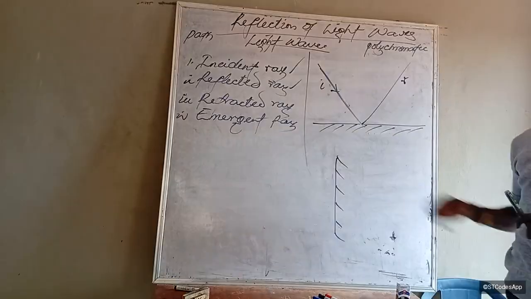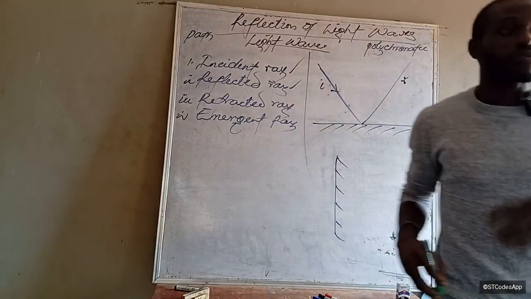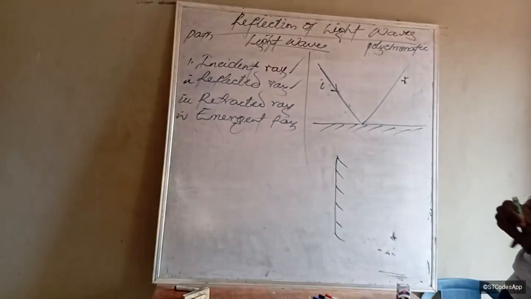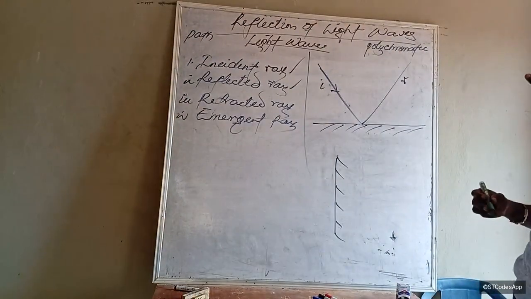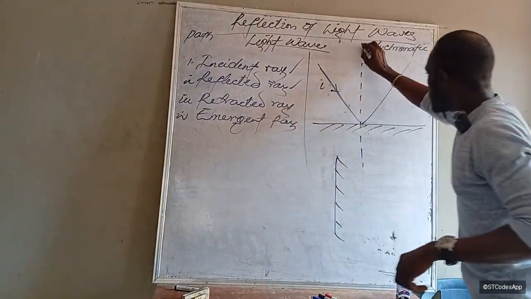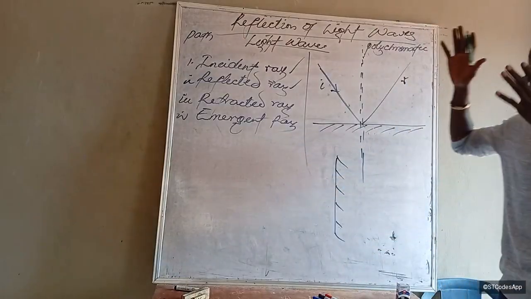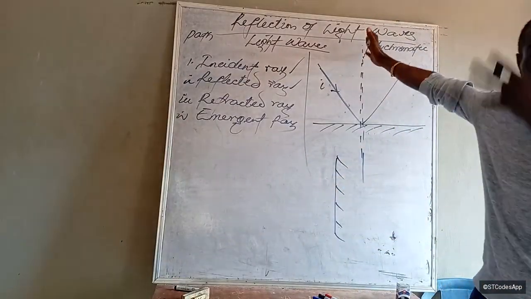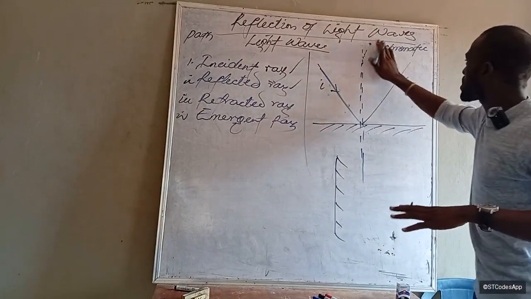Now watch. What you'll be asked is now about angle. How do we know the angle at which it will go? Snell, a certain man called Snell in the 15th or 16th century, found out that if you draw an imaginary line, that line will be called the normal.